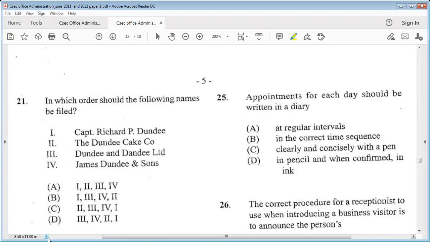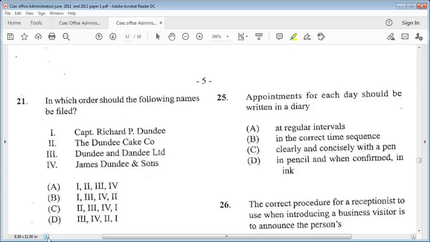Here it says, in which order should the following names be filed? 1, Captain Richard P. Dundee. 2, the Dundee Cake Company Co. 3, Dundee and Dandy Limited. 4, James Dundee and Sons. Is it A, 1, 2, 3, and 4, B, 1, 3, 4, then 2, or C, 2, 3, 4, then 1, or D, 3, 4, 2, 1?